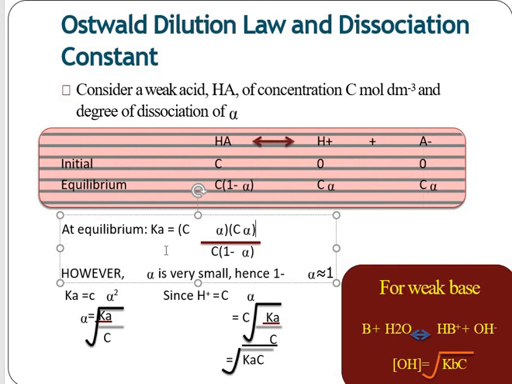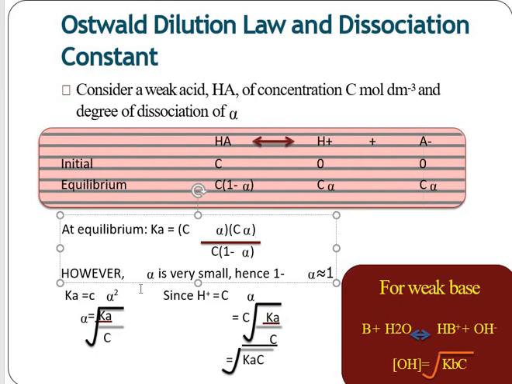So again Ka is the concentration of product divided by reactant. So these are the product side. C alpha, the concentration of H plus and A minus, divided by the concentration of HA, which is C(1 minus alpha). Alpha is very small.